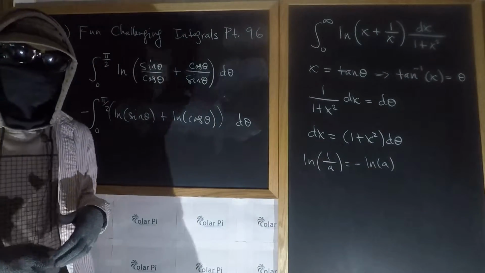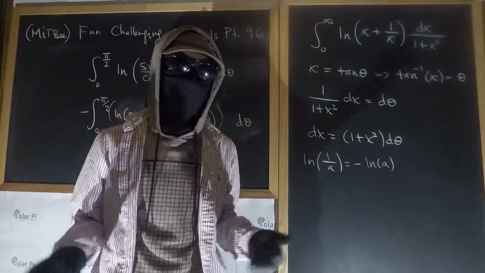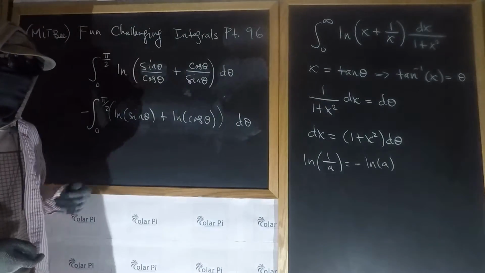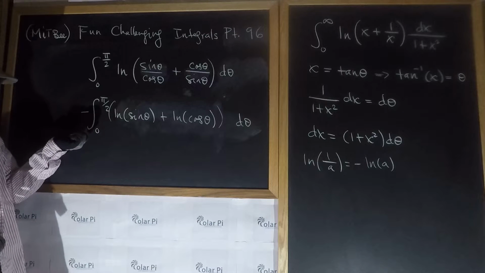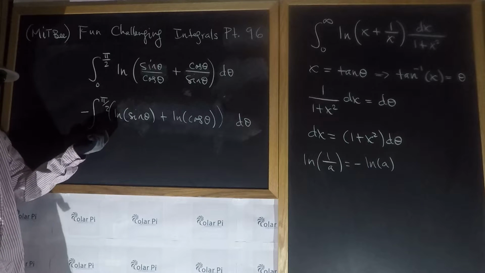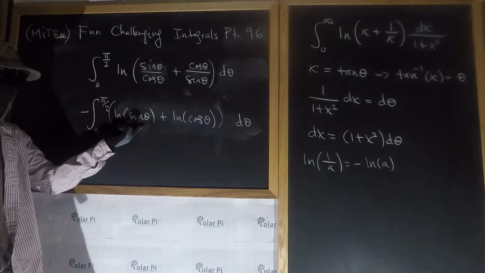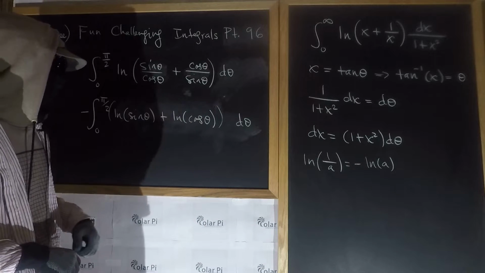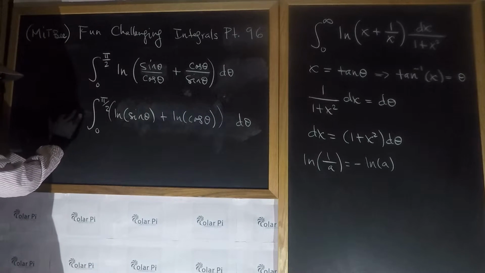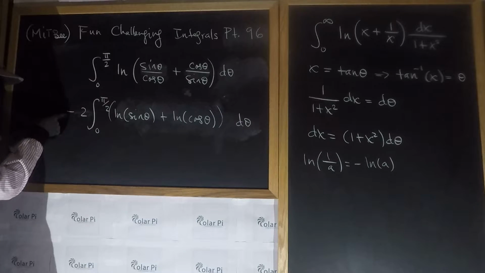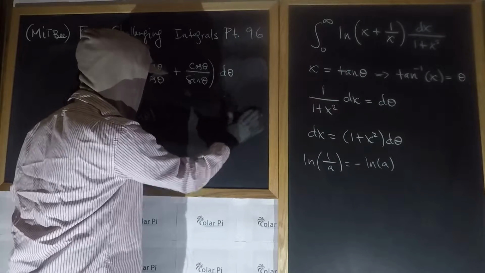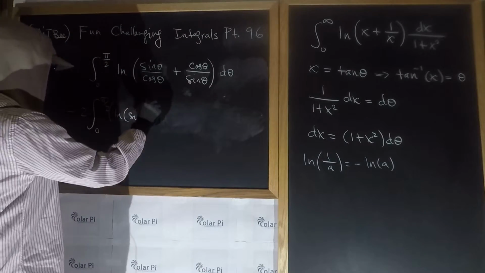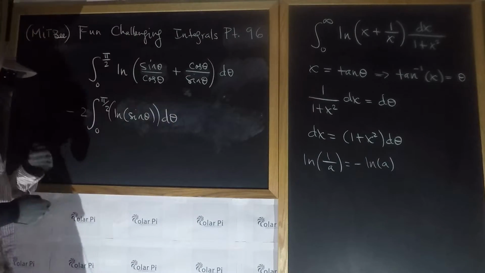I'll leave a link to that video, and you can watch it for these details. But what I'm saying is as long as we have 0 to pi over 2 here, the natural log of sine theta integral is the same as the natural log of cosine theta integral. So what we can do is follow this minus sign with a 2, and then we could just erase this part and scoot the d theta closer.